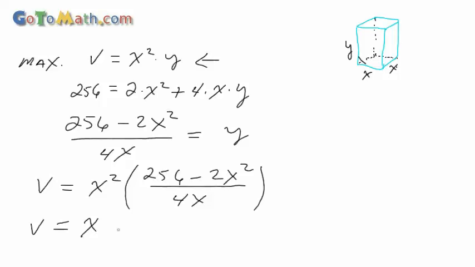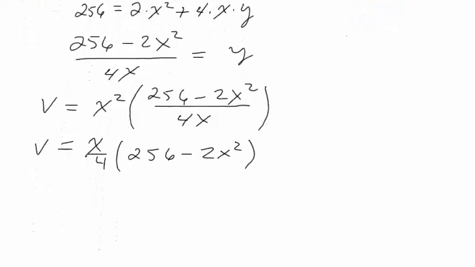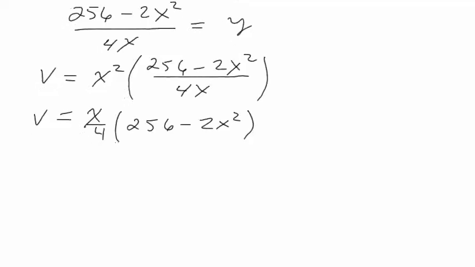Okay, so we end up with x. You know what? Let's not get too crazy here. 256 minus 2x squared. Okay, and we don't want to skip too many steps at this point in the game.